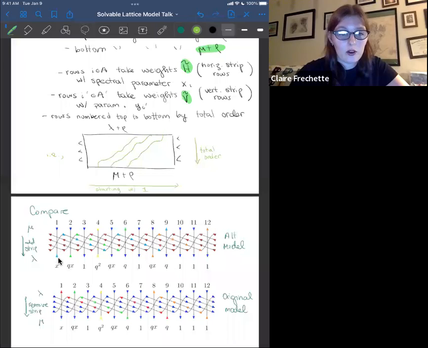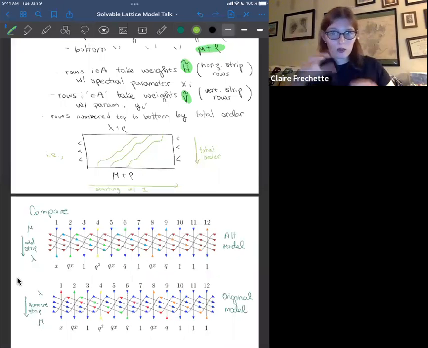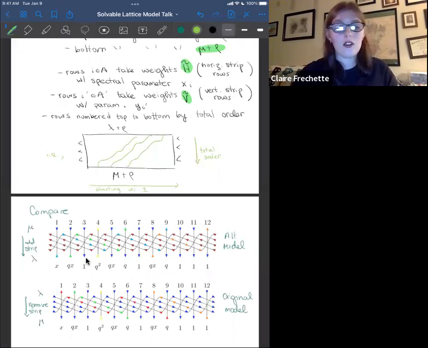But if we, for instance, follow this blue or teal particle that travels through my top state, it corresponds to this red particle traveling through my original model. And I've switched my boundary conditions. You can check that lambda here is the same as lambda here, and mu on the top is the same as mu on the bottom of the original model.